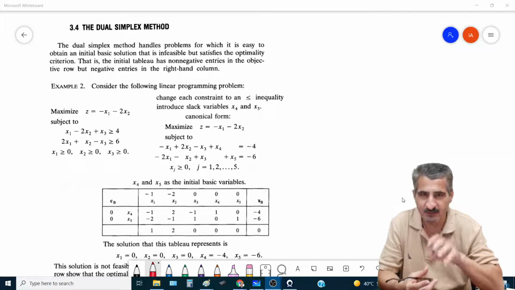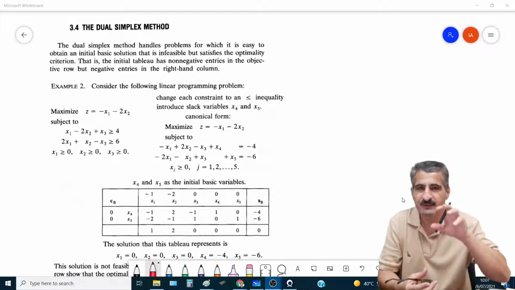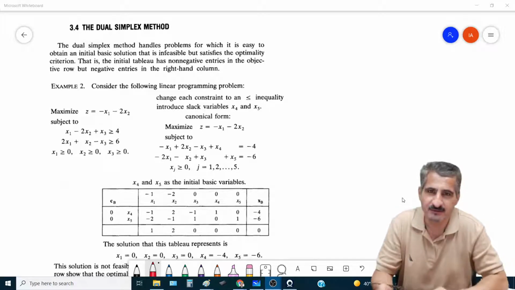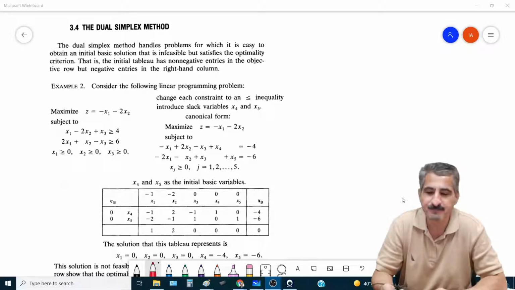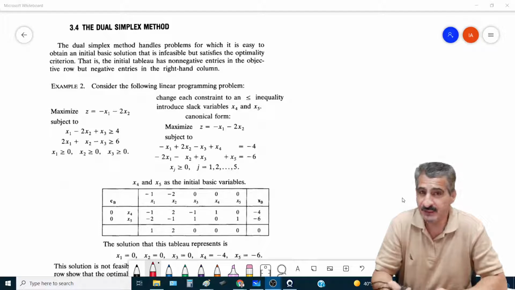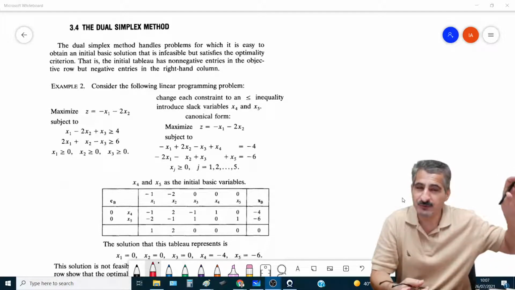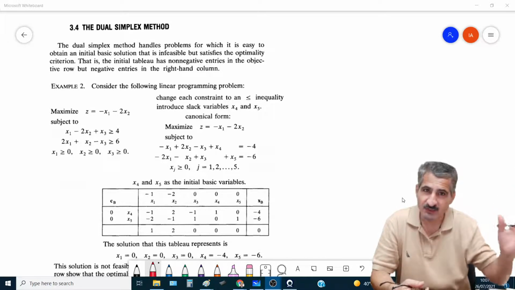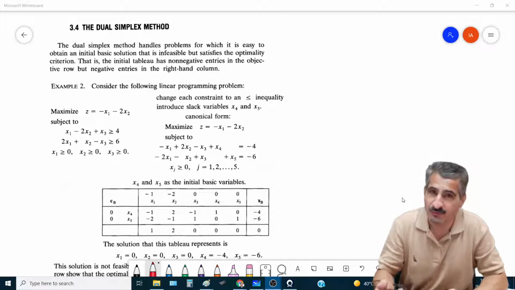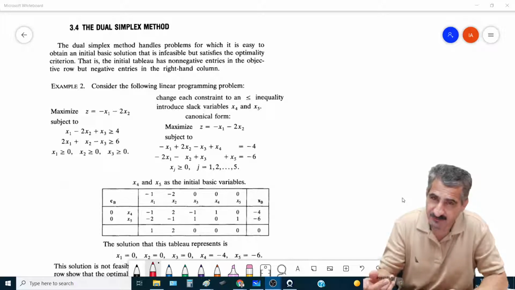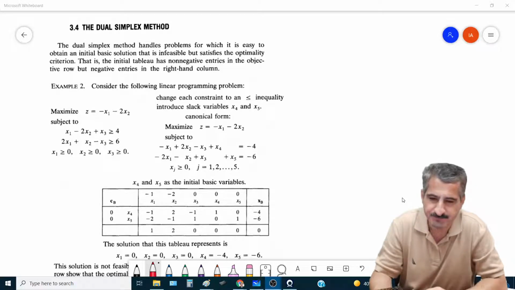The column where that number is, that column is the column of the entering variable. After that, we go to the column of resources and do the theta ratios so that we choose the row of the departing variable. This is the simplex method.